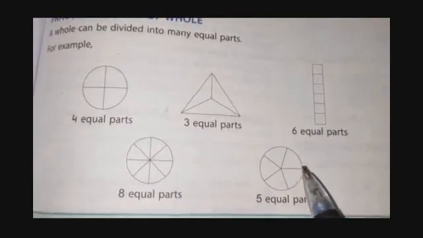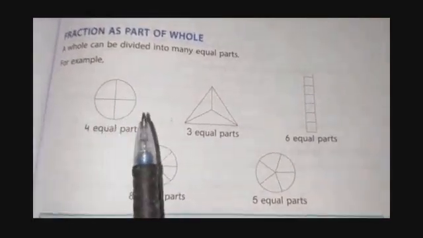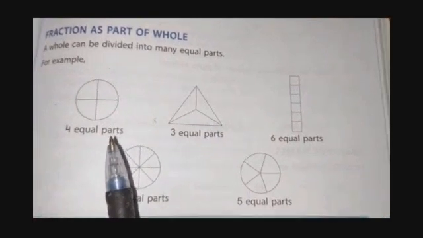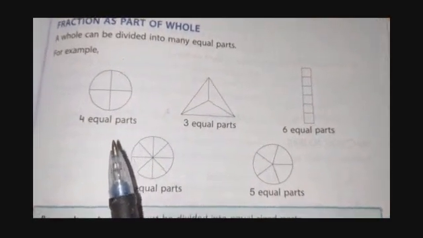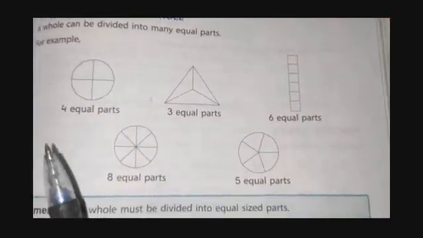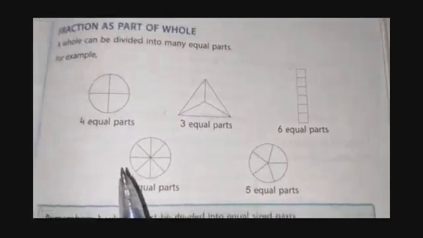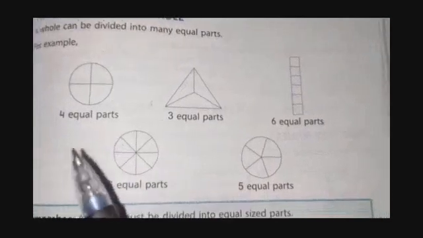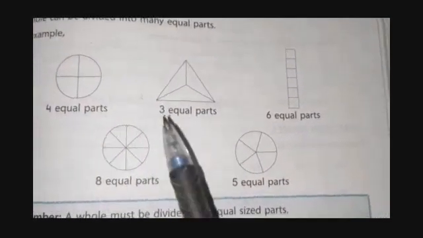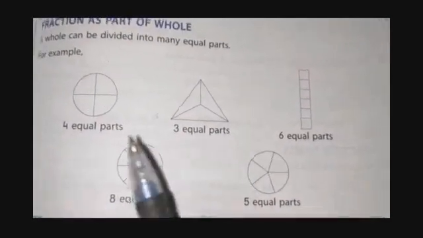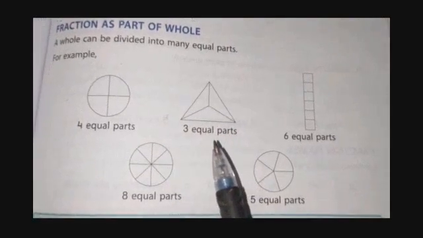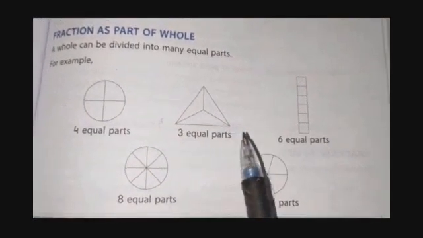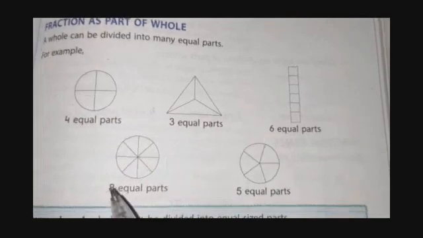As you can see, we can only extract a fraction from the whole on the condition that the shape, or the whole, is divided into equal parts. Only then can we write a fraction of it.